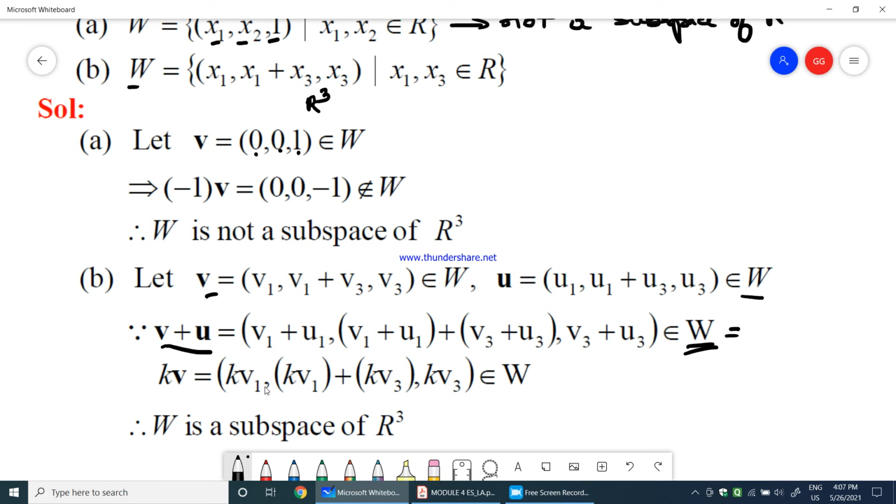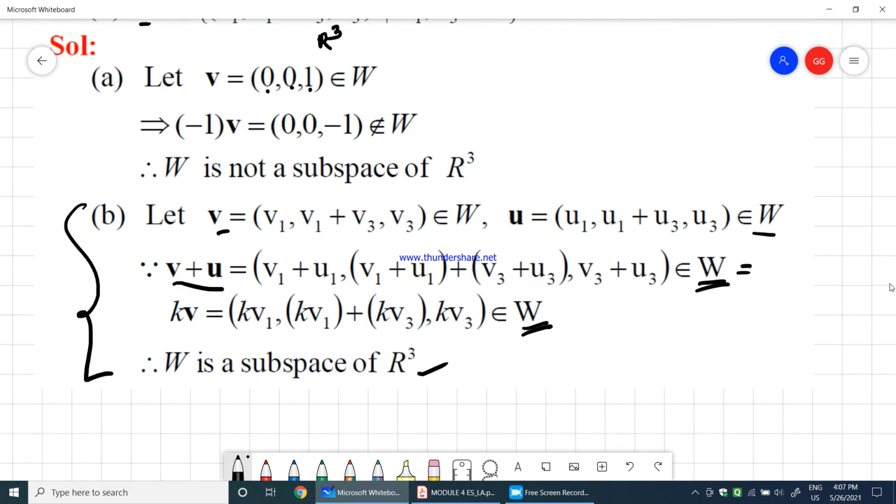K into v1, so the scalar gets multiplied with the entire term here. So this will also belong to W. Therefore, I can easily say that this W is a subspace of R cube.